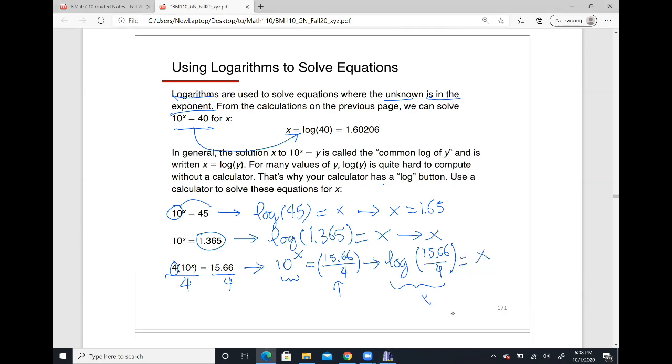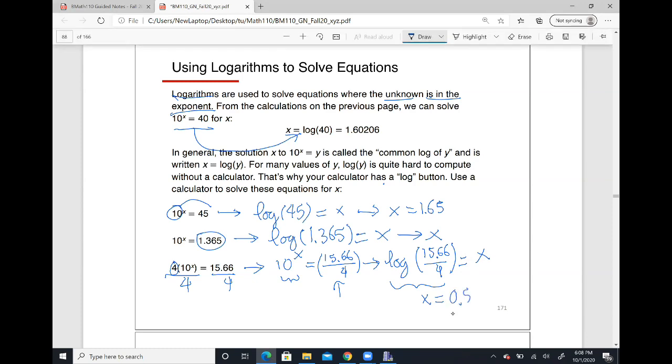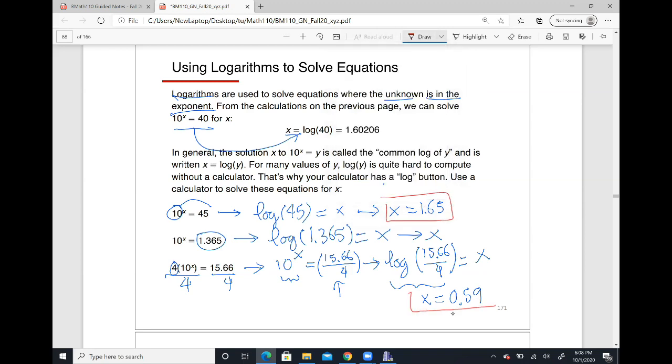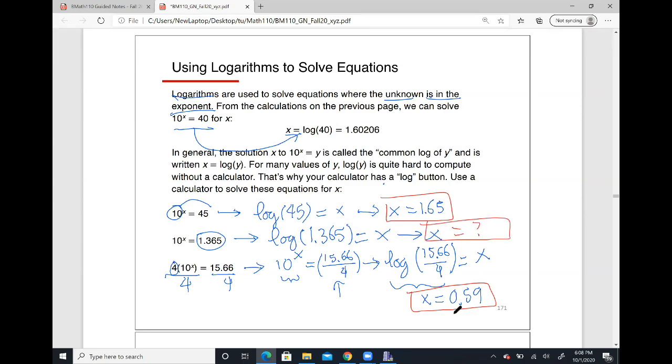So x equals 0.59, and I usually like to circle the answer. All right, so let's move down.